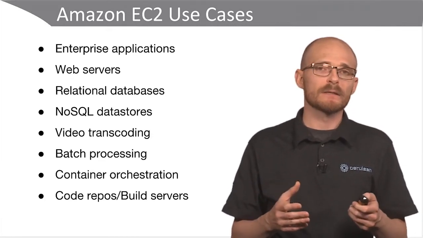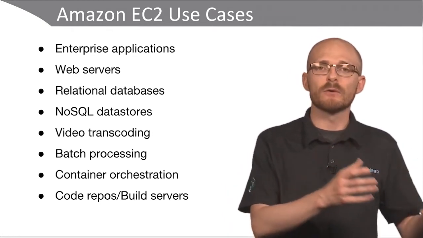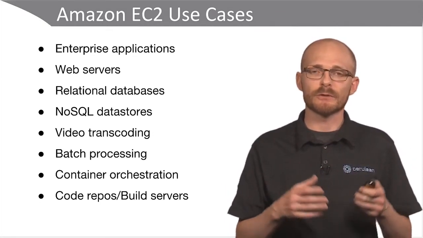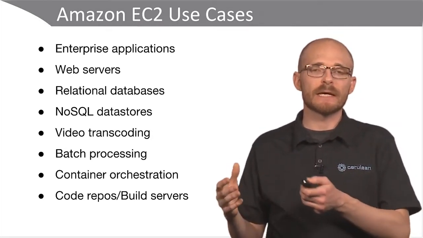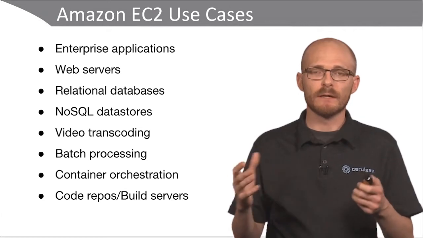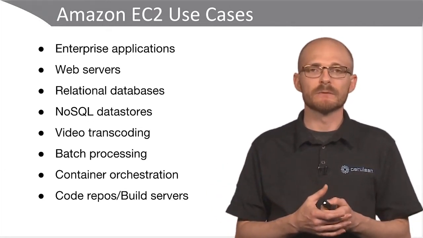We may decide to run our own private code repositories on EC2 or use EC2 as build servers. Think things like Jenkins, right? So you can run something like Jenkins or Jenkins build slaves on EC2 as well.